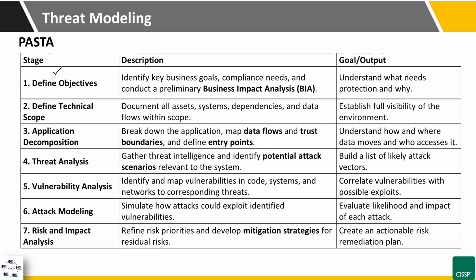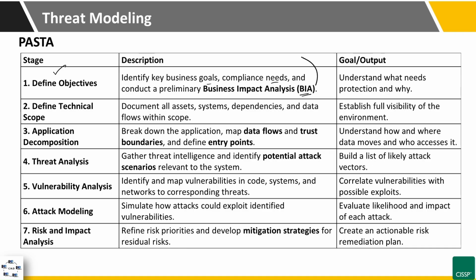So the first one is define objective, which means identify key business goals, compliance needs, and conduct a preliminary business impact analysis or BIA. The goal or the output of this stage is to understand what needs protection and why.